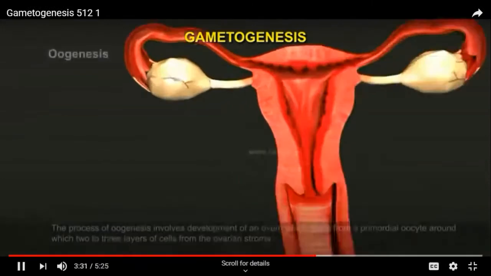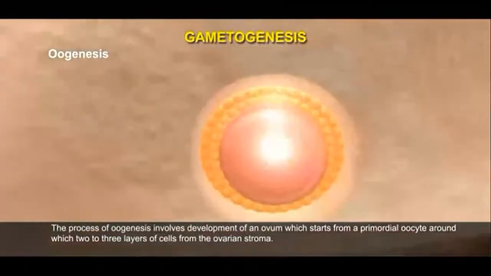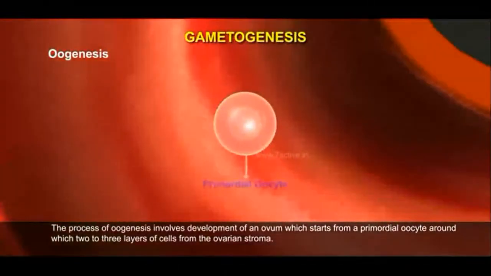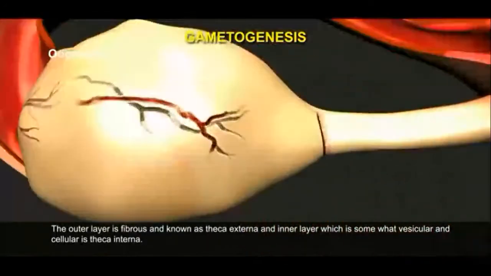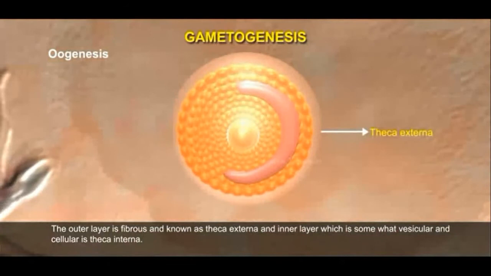Oogenesis. The process of oogenesis involves development of an ovum which starts from a primordial oocyte around which 2 to 3 layers of cells form from the ovarian stroma. The outer layer is fibrous and known as theca externa.